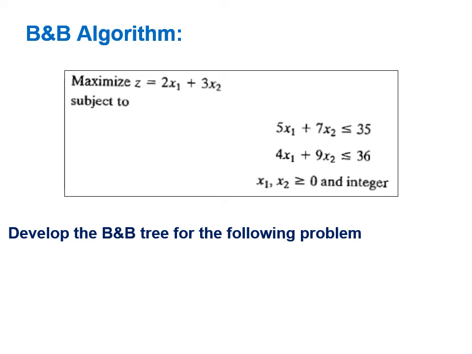It means that you need to sketch the feasible region and then try to solve it. Please stop the video at this point and try to solve this problem using the branch and bound algorithm by yourself. And in the next slide, I will give you the solution, the branch and bound tree.